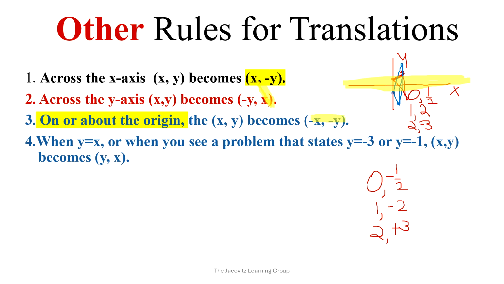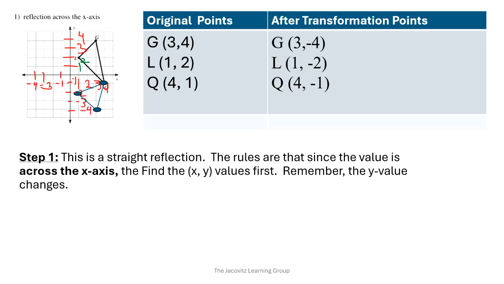It's just negative x and negative y. When y equals x, it's telling you that y is going to lose its vertical position and go to a horizontal position, and that means the figure is going to go kind of up. It sounds complicated, and it kind of is, but the best way to look at it is to go on ahead and do some problems.